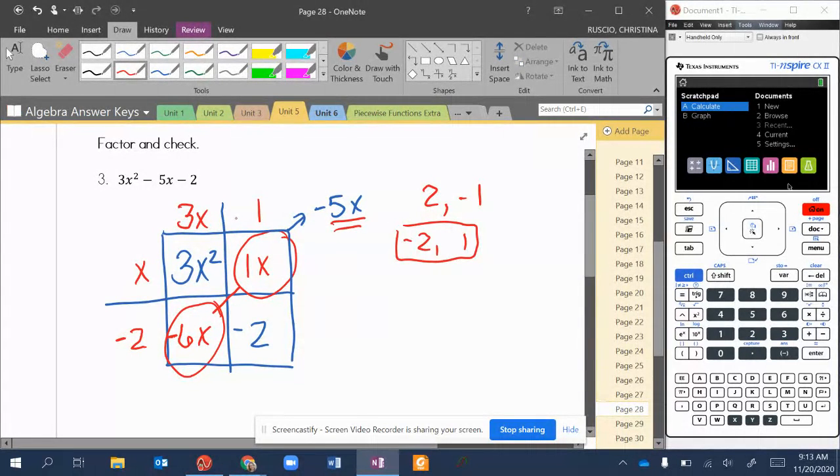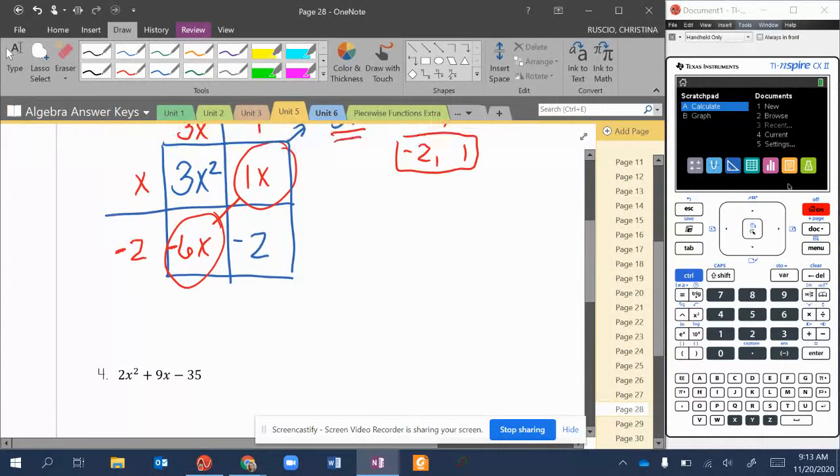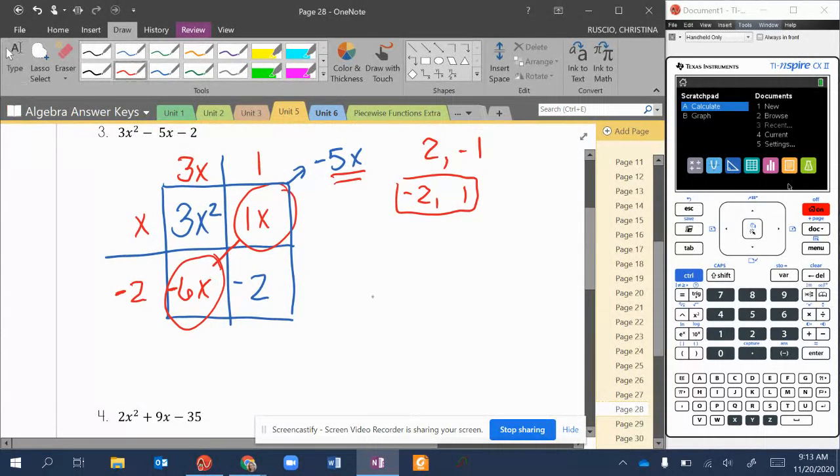So negative 2 is my other number. So now I have my two factors. I'm just going to pull them from the top. So my final factored answer is 3x plus 1 all times x minus 2.